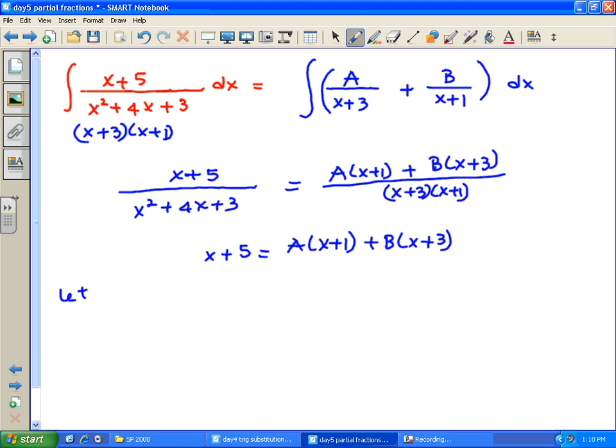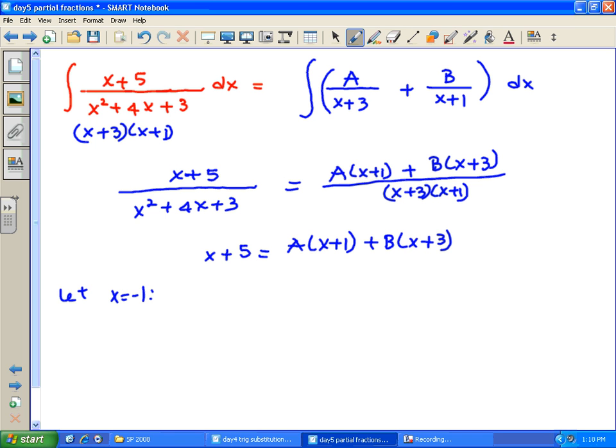Okay. Our job is to find a and b. Here's a little trick. You make x something so that the first part would become 0. What should we select x to be so that this whole thing becomes 0? x equals negative 1. So let x be equal to negative 1. And here's what we get. Plug in negative 1 everywhere.